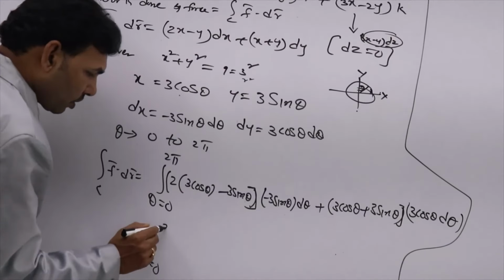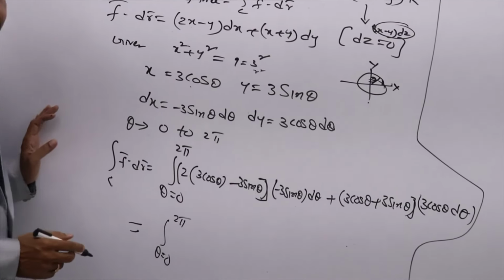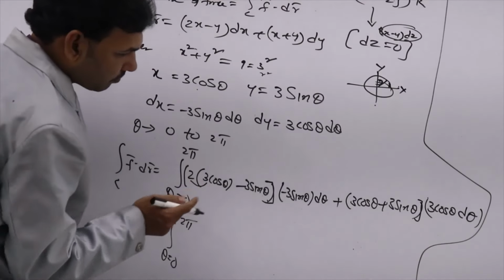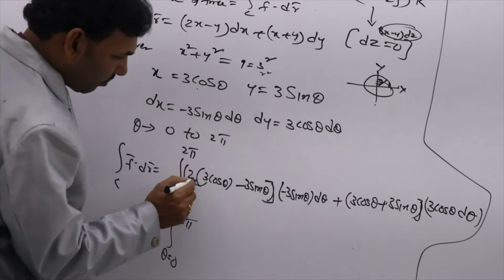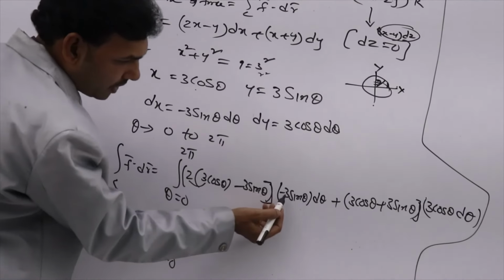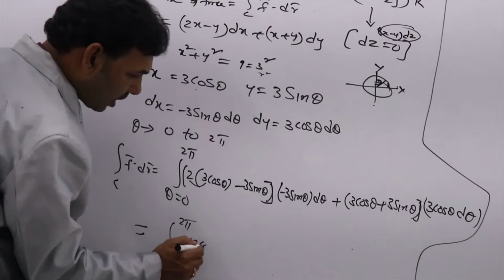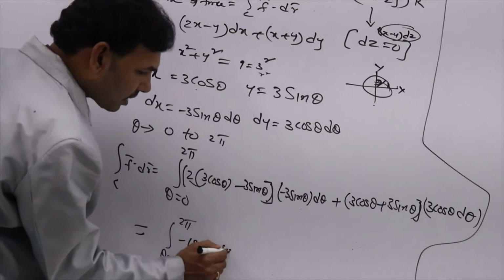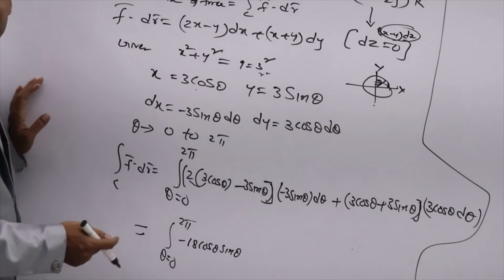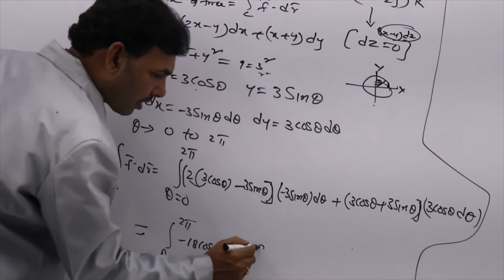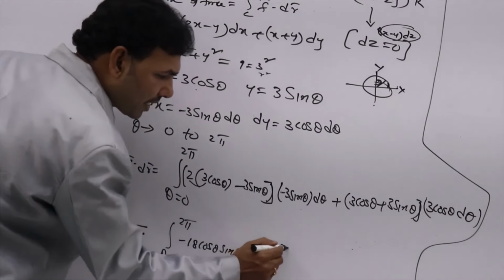Theta from 0 to 2 pi. Here 2 3s are 6, so 6 cos theta is one term. Then 3 6s are 18 cos theta sin theta, and minus into minus gives plus 3 3s are 9 sin square theta.